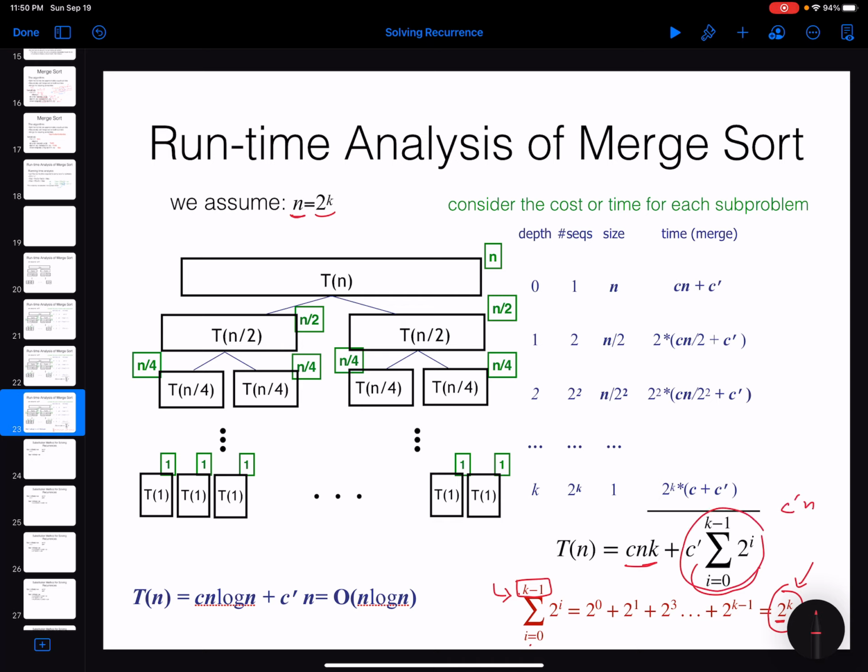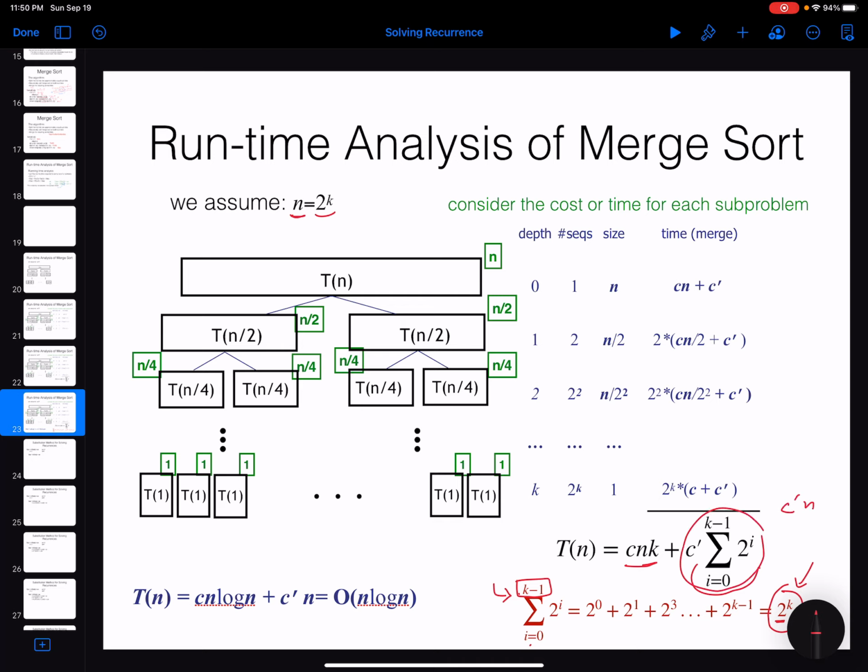At the third level, you are going to have 4 boxes, and so on until the last level, which is going to be the number of leaves.